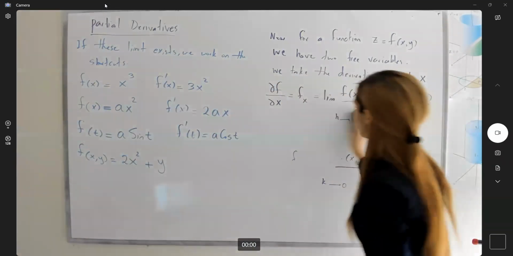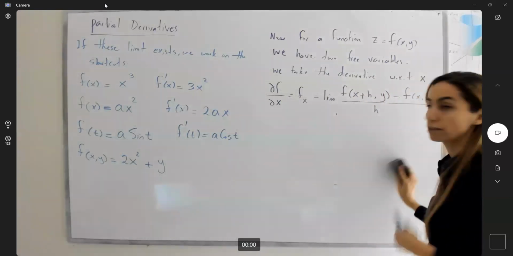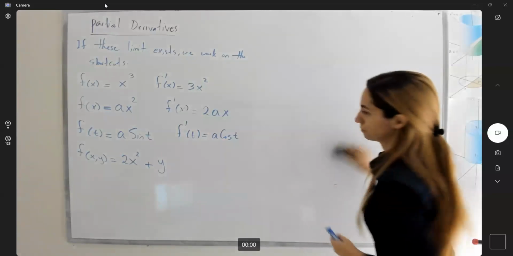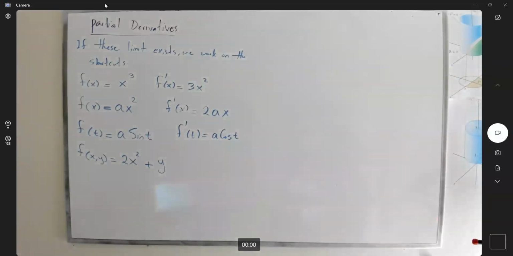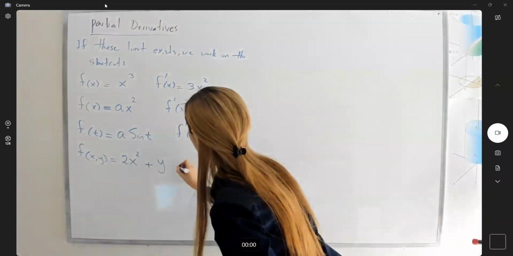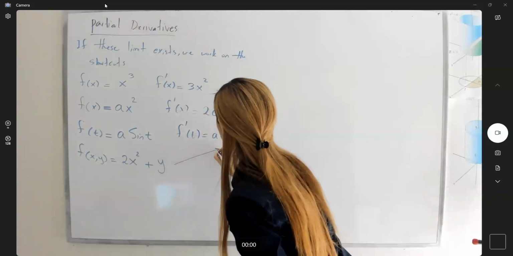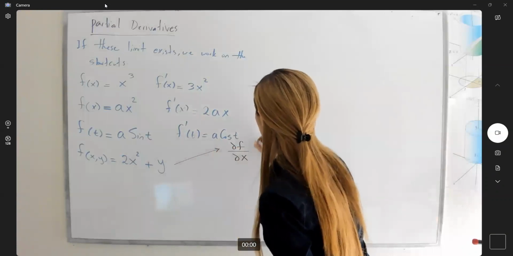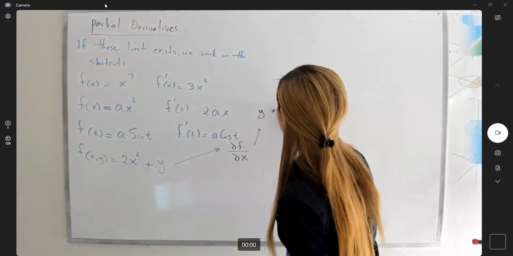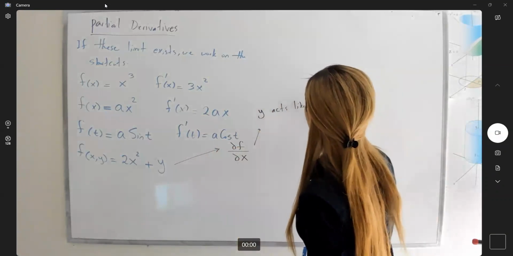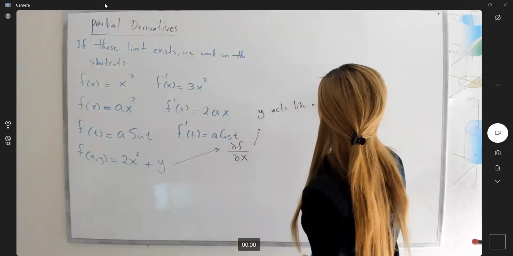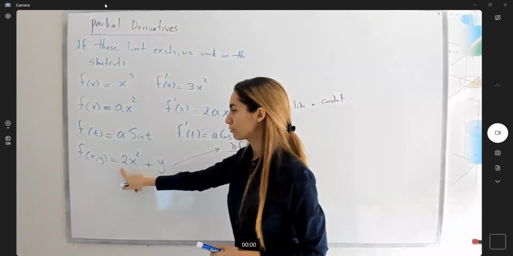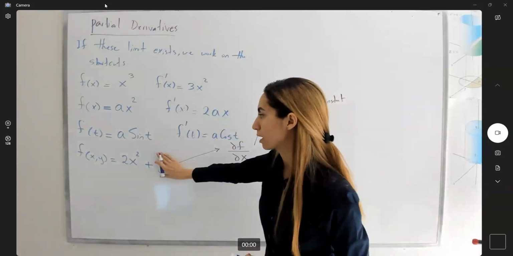Since this is a nice function, we know the limit definition exists. When you're taking the partial derivative of f with respect to x, y acts like a constant.